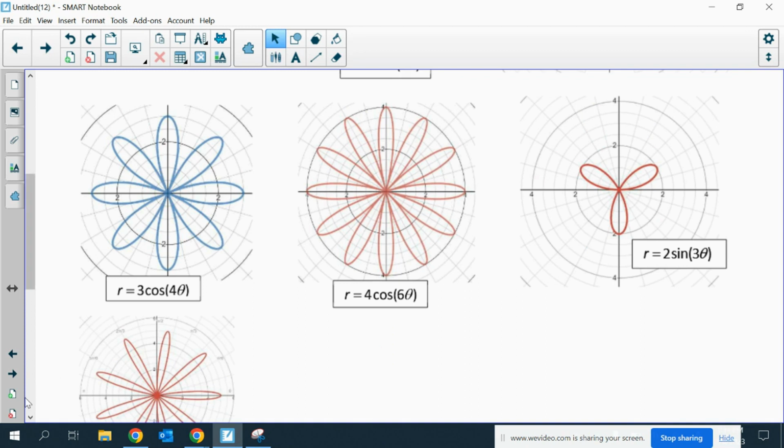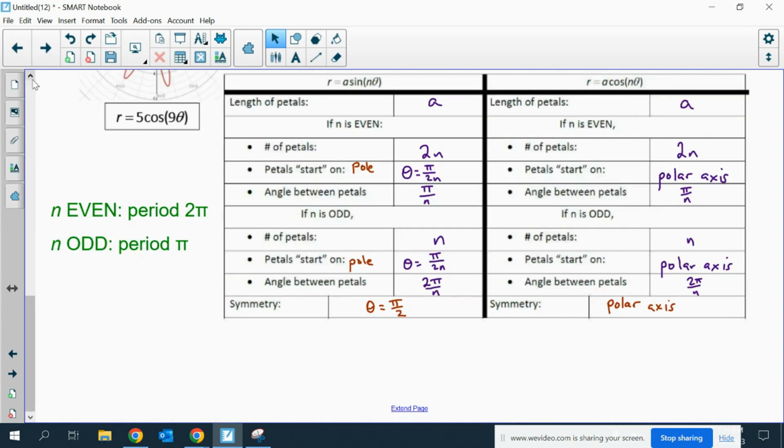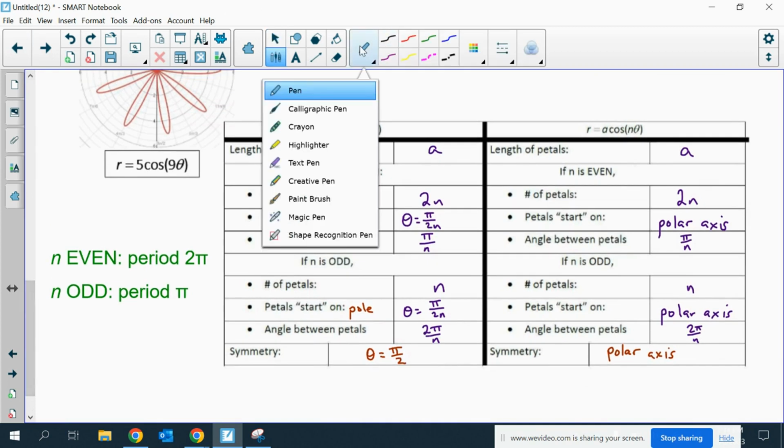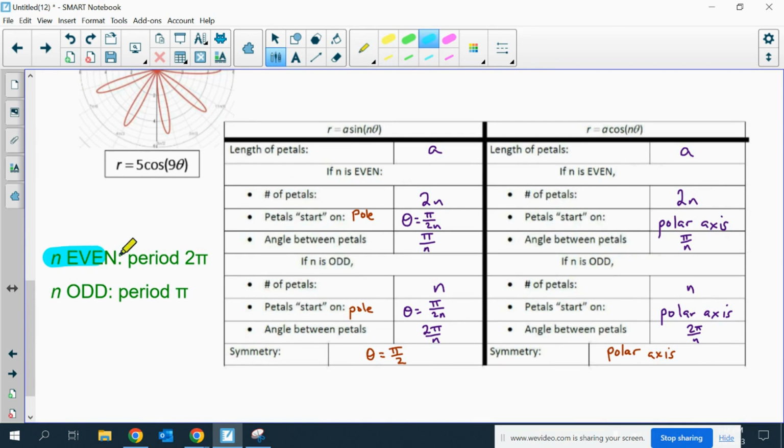So that's something that we have to keep in mind. Also, notice that when n is even, we end up with a period that is 2 pi, but when n is odd, we end up with a period that's only half as long. So the period is pi because all the points repeat themselves.